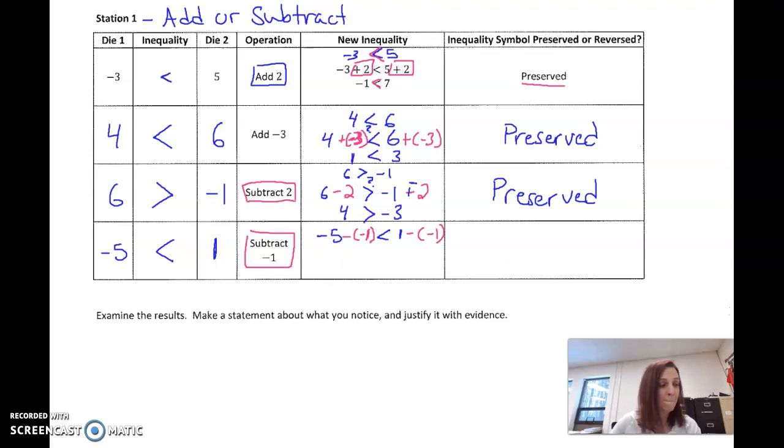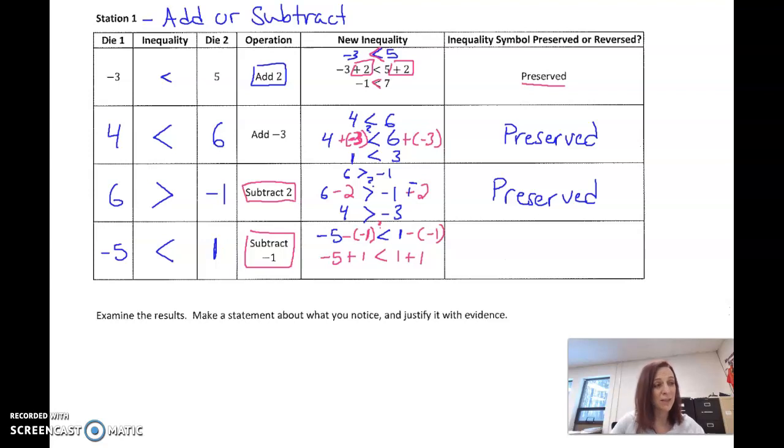Okay, so now, I'm wondering if my inequality symbol is going to be preserved. Anytime you see minus and negative, let's simplify it. Keep, change. Okay, this looks neater than this does. Keep the negative 5, change a minus to a plus, change a negative 1 to a positive 1. Okay, and then we say less than, keep, change.